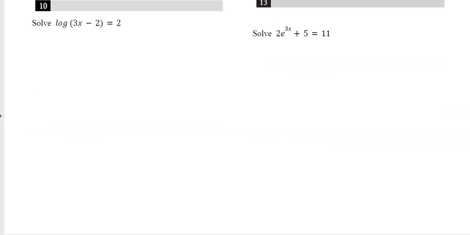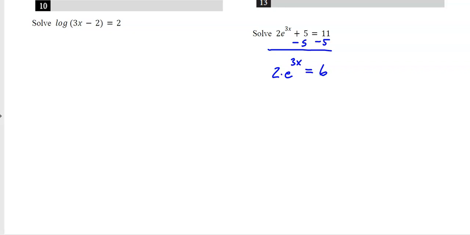Number 13. So here we start getting e involved. I can't really start taking logs of both sides until I get the base isolated. So the first thing I'm going to do is subtract this 5 from both sides, and I get 2e to the 3x equals 6.